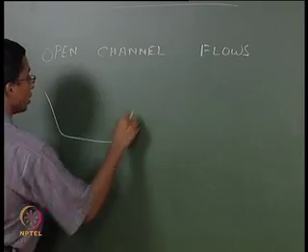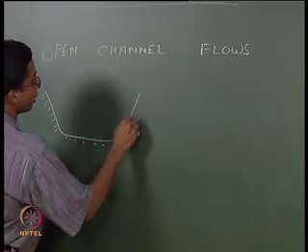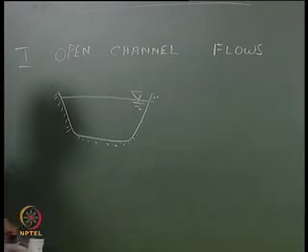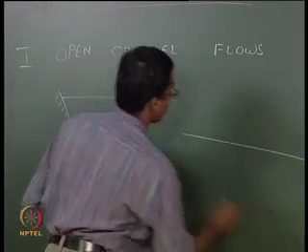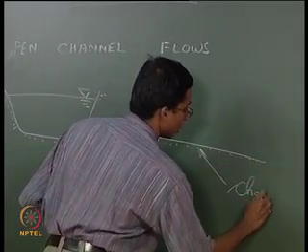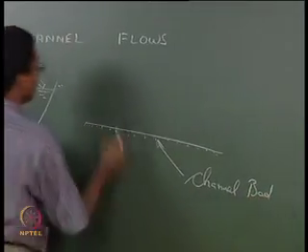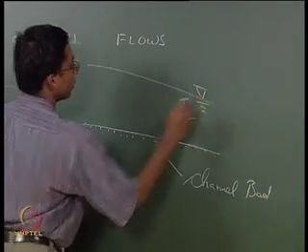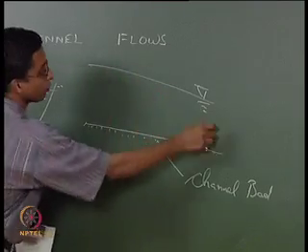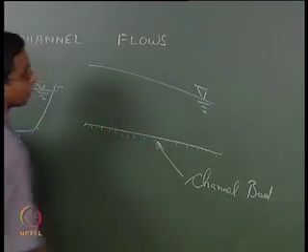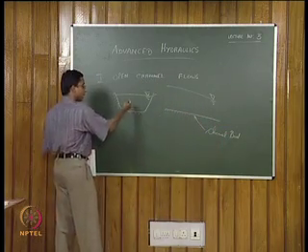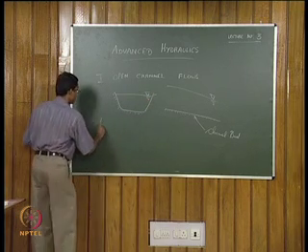Say if you have any cross section of a channel, and say its longitudinal profile is being drawn, this is called the channel bed, and this is the level of the water surface, and that profile is being given like this.